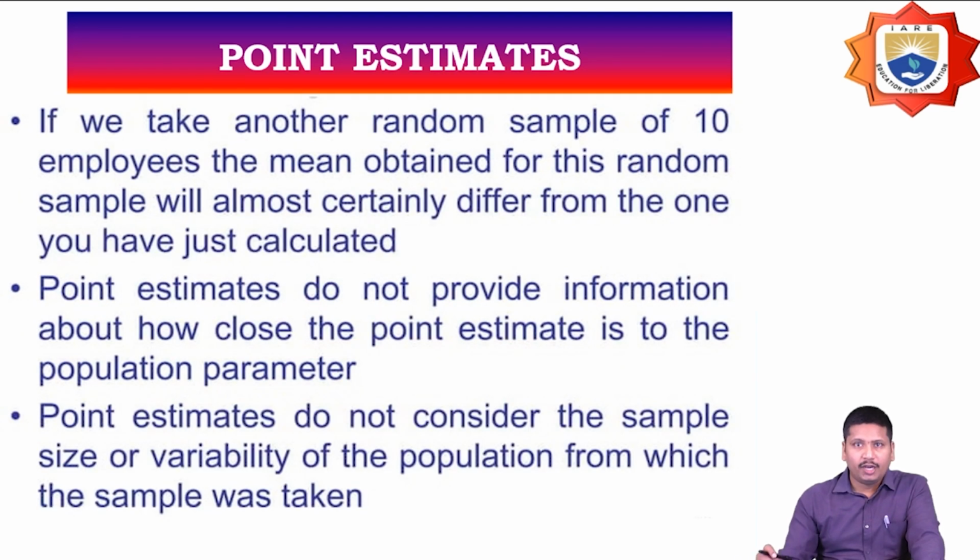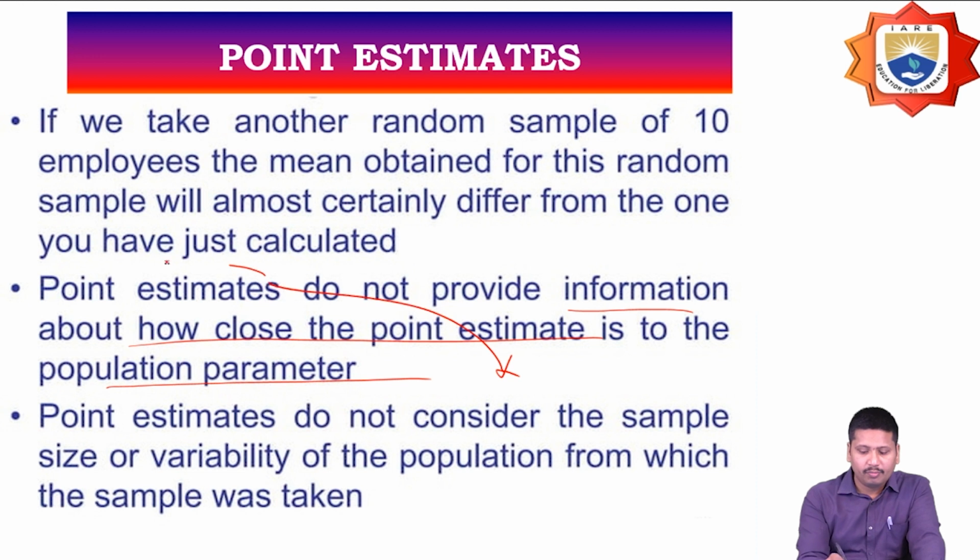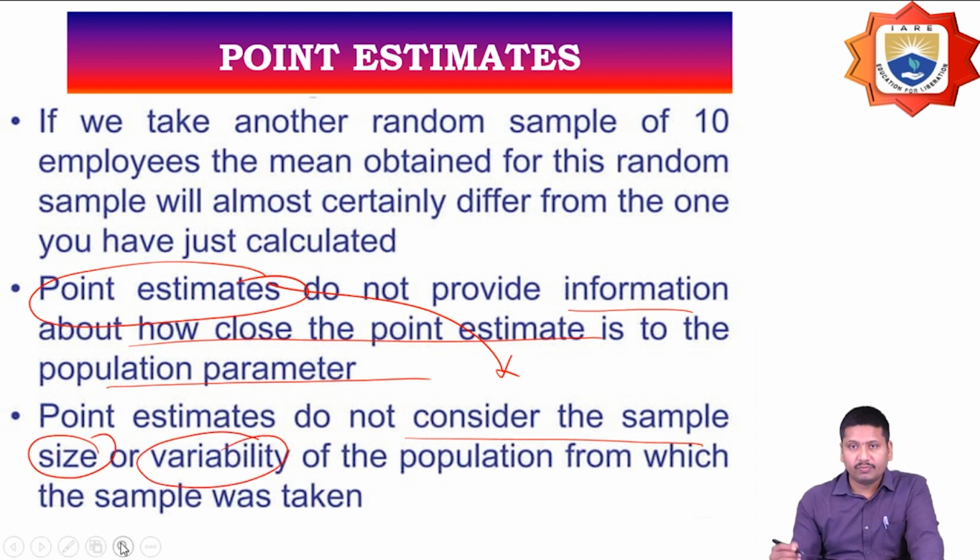Suppose you take another random sample of 10 employees, and the mean obtained from that random sample is going to be different from the one we have just calculated, right? So the point estimate does not provide information on how close it is to the population parameter. It also does not consider the sample size and the variability of the population from which the sample is taken.